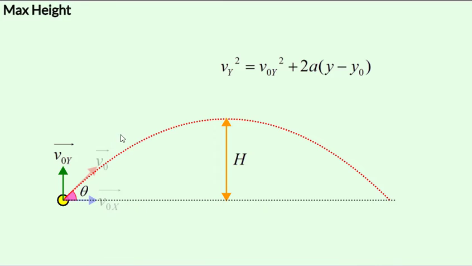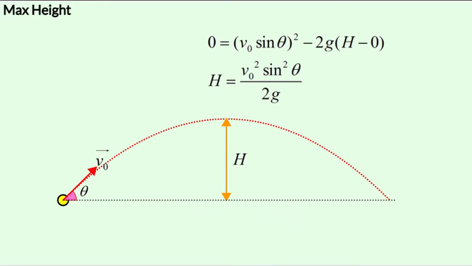Also, as always, the initial velocity v0y would be v0 sine theta. Making the substitutions, we obtain the maximum height given the initial speed v0 and the launch angle theta as v0 squared times sine squared theta over 2g.